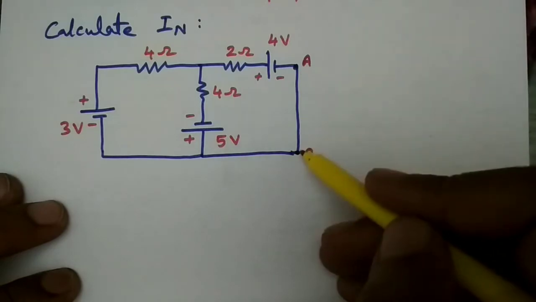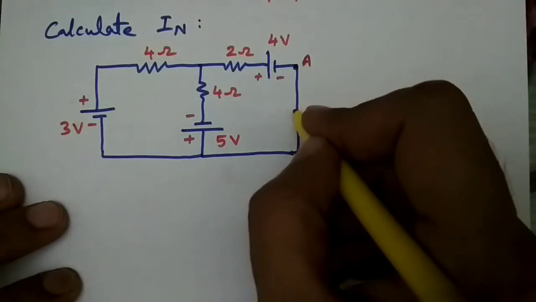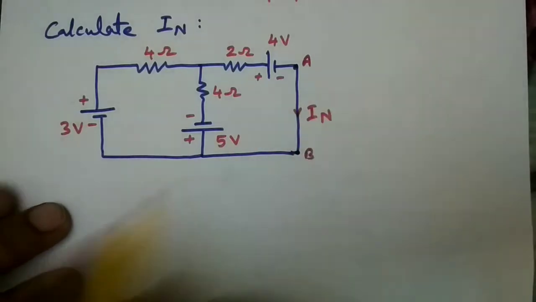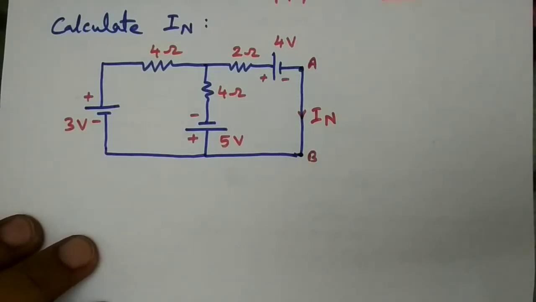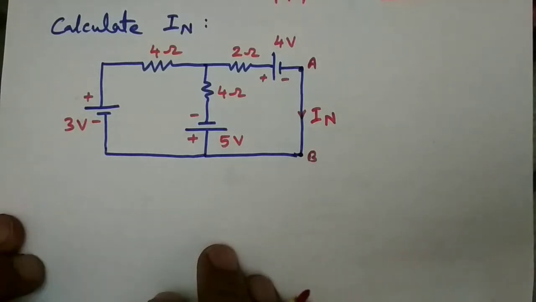I remove the load resistance and short the terminals, and here we have to find the current through this path. This will be our Norton current. Now in this circuit we can apply mesh analysis. That will be easier for this particular circuit.